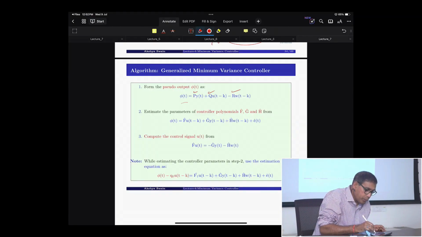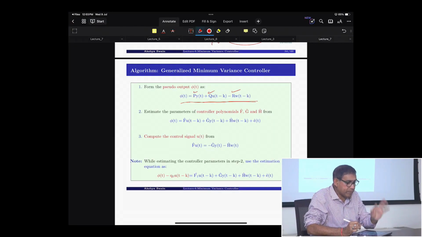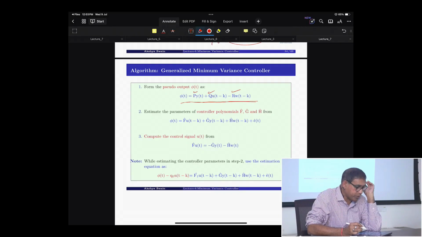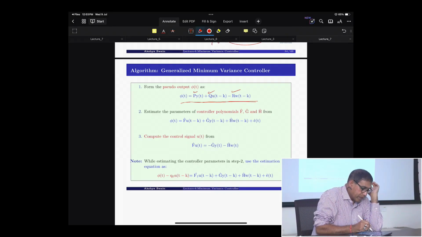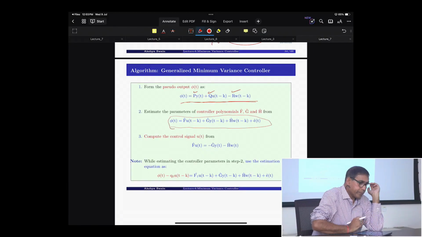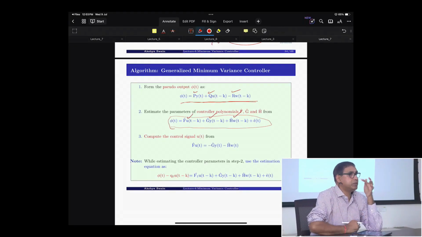Then you formulate phi t is equal to P y t plus Q u t minus K minus R w, where w is the set point. Then you estimate F cap, G cap and H cap using this equation.